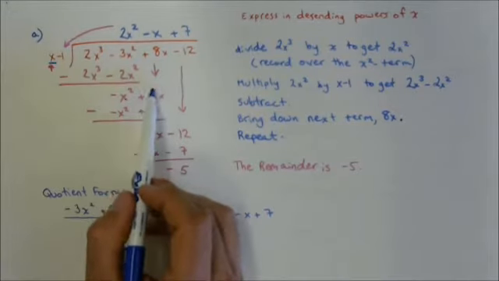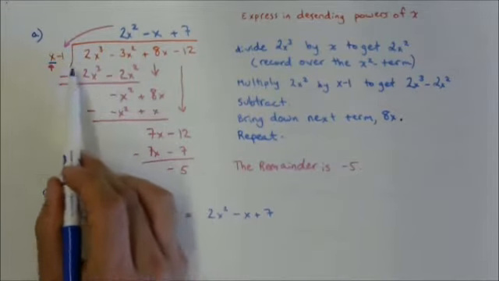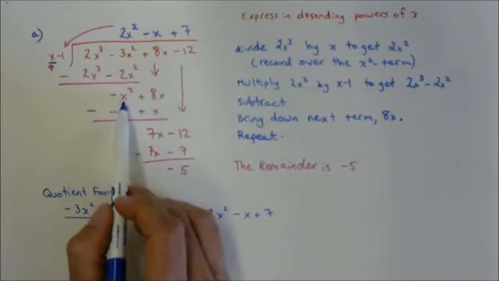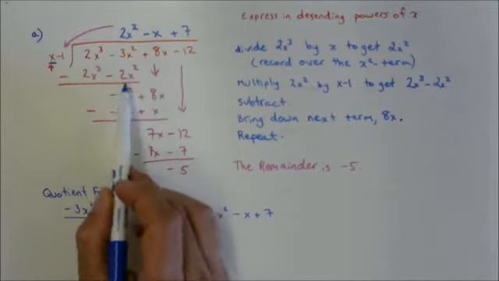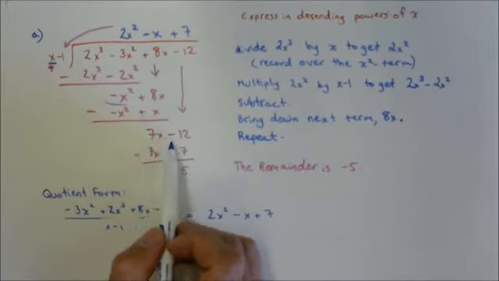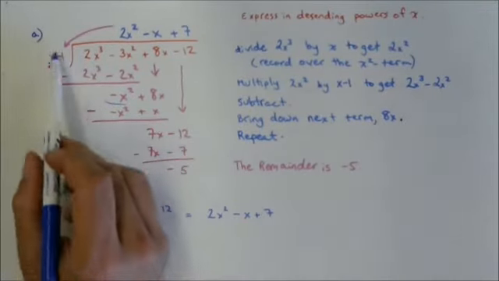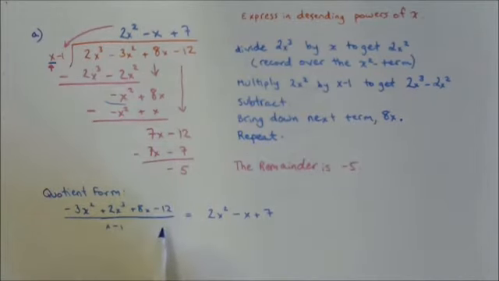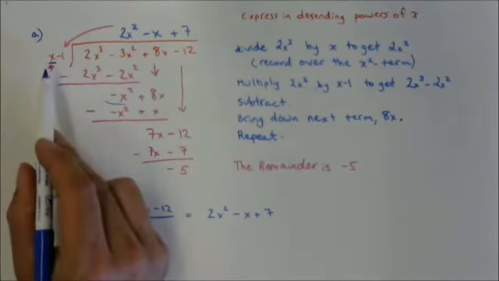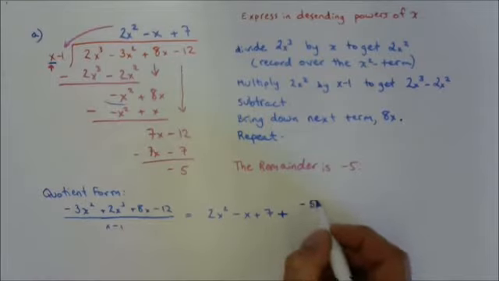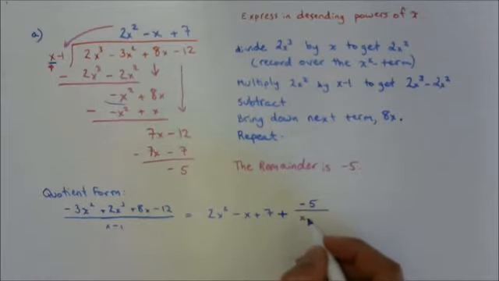First we divided this part by x minus 1, then we brought it down and had a remainder, and we brought down the next thing and divided that by x minus 1. Then we had a remainder, we brought down the next term and divided that by x minus 1, and by the end we still have a negative 5 which didn't get divided by x minus 1. It can't be divided by x minus 1. So what you actually still have here is a remainder of negative 5 over x minus 1.